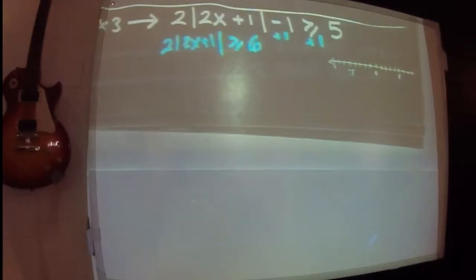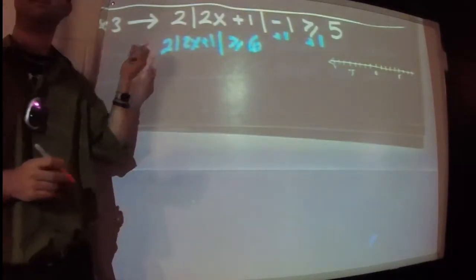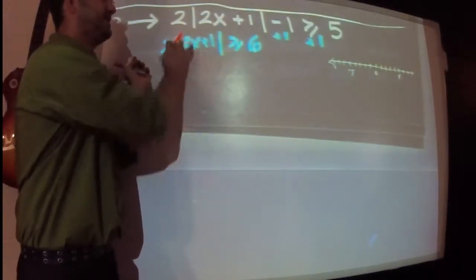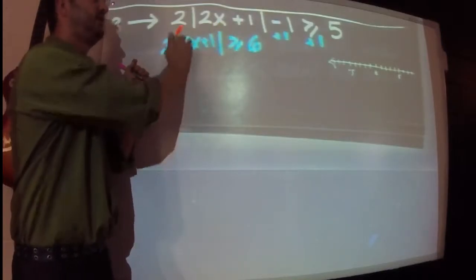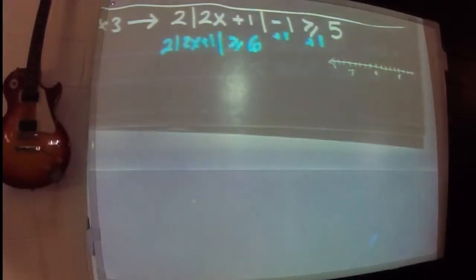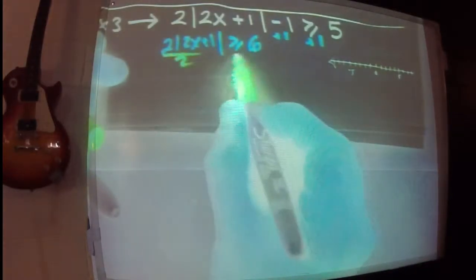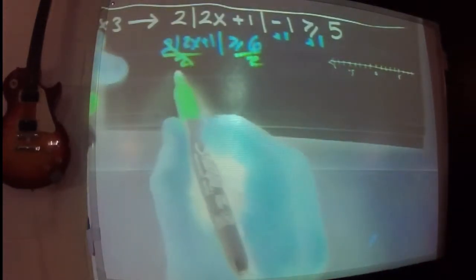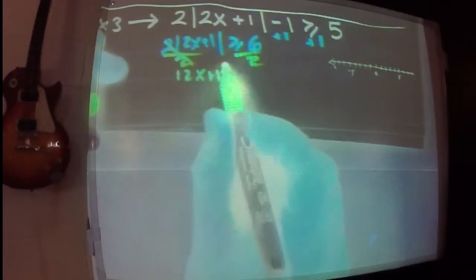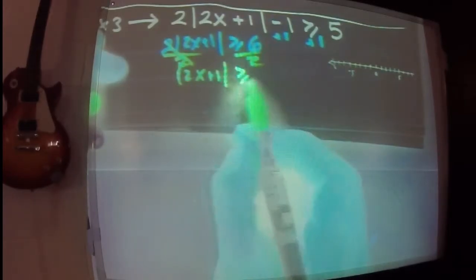You're still not isolated because you still have this 2. Think of your variable as the box. How do you get that 2 off? Divide it off. And you're going to get 2x plus 1 is greater than or equal to 3.